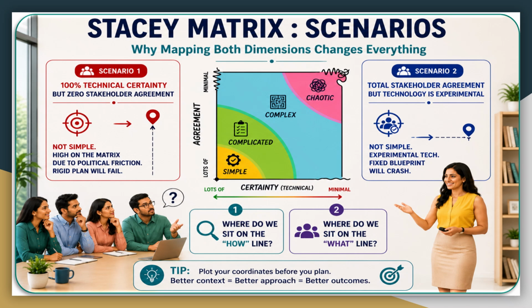Your project is not so simple. It is sitting high up on the Stacey matrix in a politically charged environment where a rigid linear project plan will fail instantly. Conversely, you could have total stakeholder alignment. But if the technology is experimental, a fixed blueprint will cause a major crash.